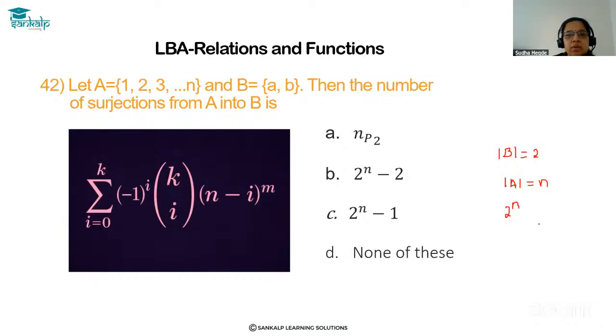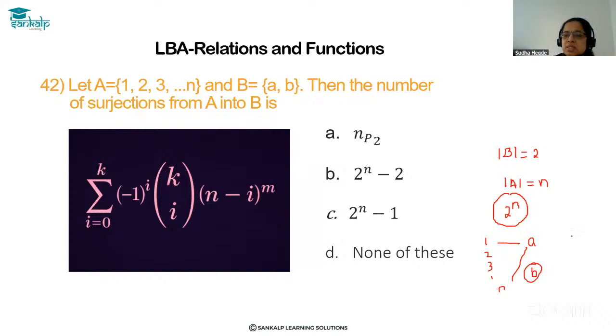Correct? So, in that, how many surjections are possible? These many functions you can form. In that, how many surjections are possible? See, except when all the elements 1, 2, 3, and so on up to n are mapped to a single element a, then b does not have any pre-image.